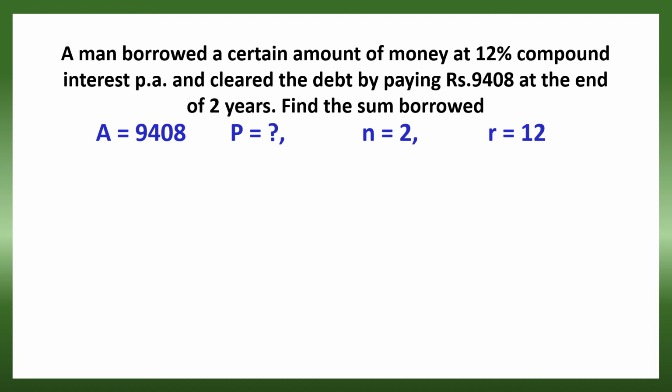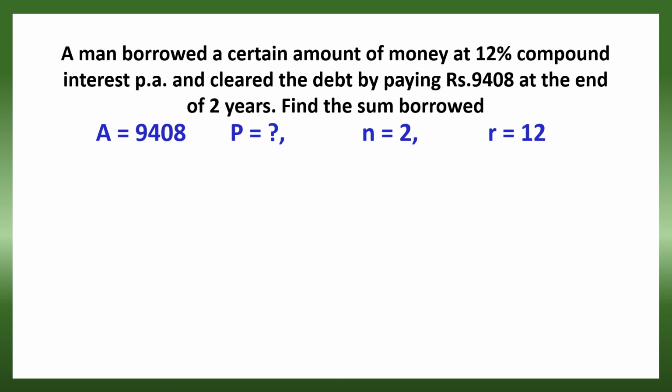Then, what other information is available? The man has borrowed a certain amount of money, but that amount is not specified, hence principal is unknown. P is not given in the question. Then he has borrowed the money at 12% compound interest per annum and has cleared the debt by paying 9,408 rupees at the end of 2 years.